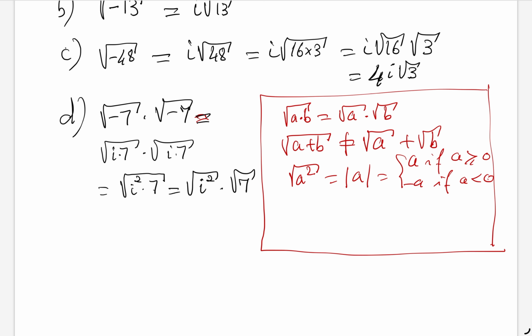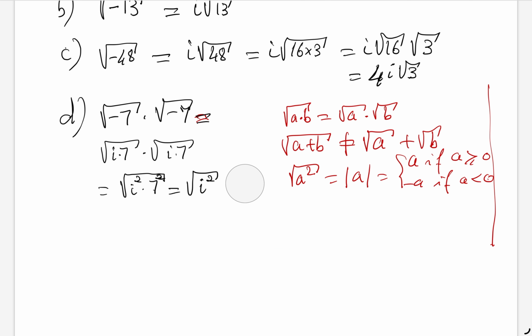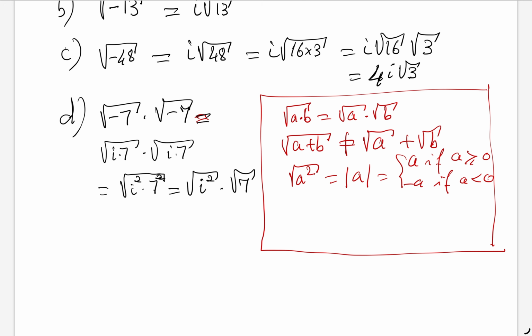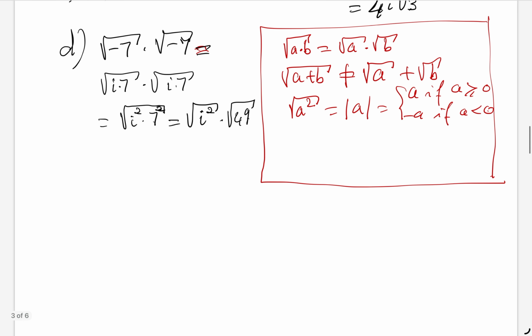And 7 times 7 is 7 squared, so you end up having the square root of 49. And then the square root of i squared is just i. The square inside the square root is just i. Okay, this one is everything.